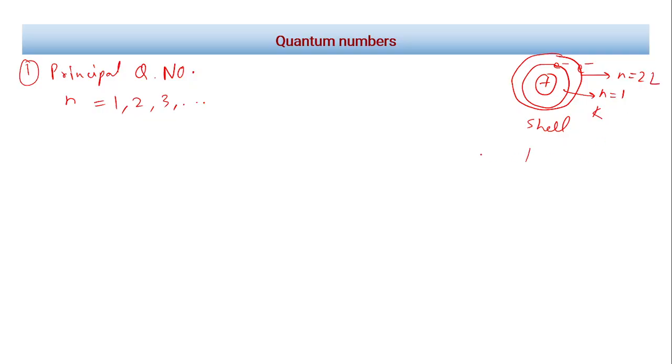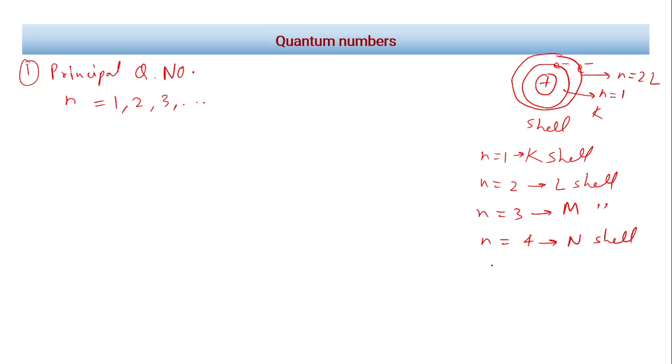So either we can call it n is equal to 1 or K shell, both are the same thing. N is equal to 2, L shell. N is equal to 3, M shell. N is equal to 4, N shell. And then further O, P, Q, and so on. So this is the principal quantum number.